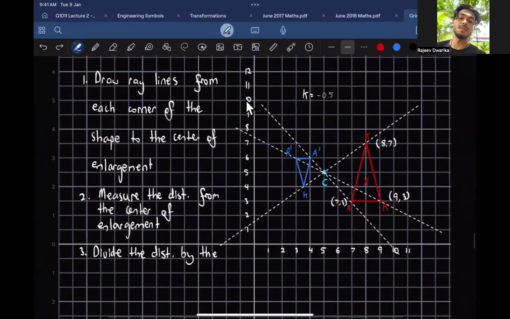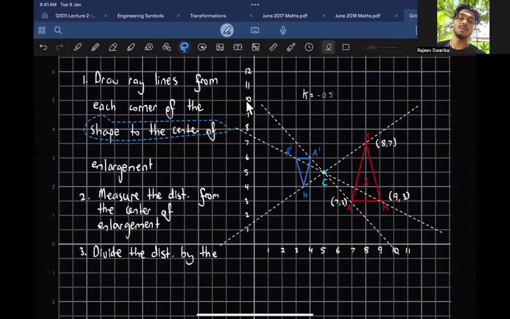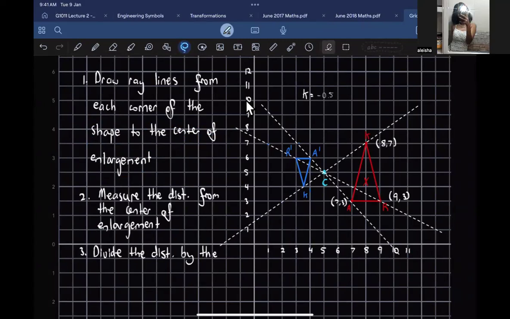So you're going to draw the ray lines from each corner of the shape to the center of enlargement. Alicia, isn't that the first step? Didn't I connect A to C, K to C, R to R, and that is what formed the dash lines? Yeah, we call those ray lines.